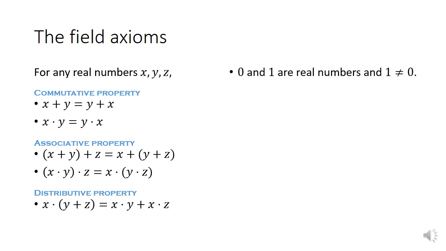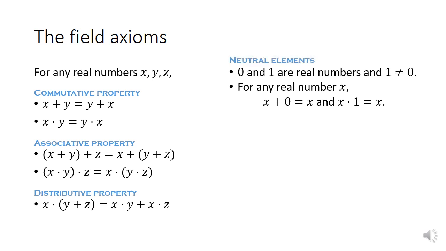Furthermore, we have two different numbers 0 and 1 with the following properties. For any real number x, we have x plus 0 equals x and x times 1 equals x. So 0 is neutral with respect to plus and 1 is neutral with respect to times.